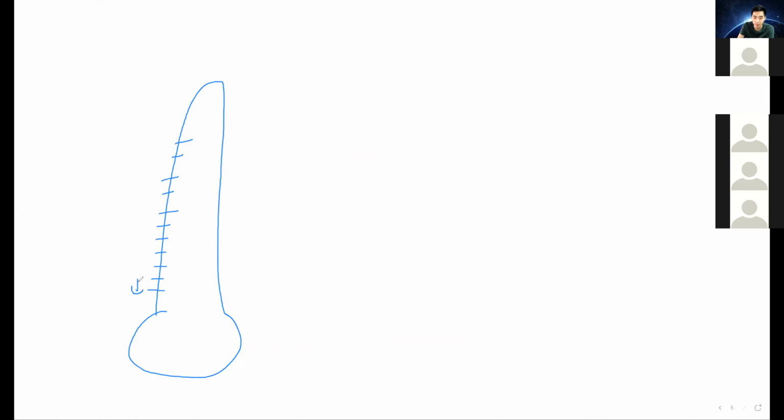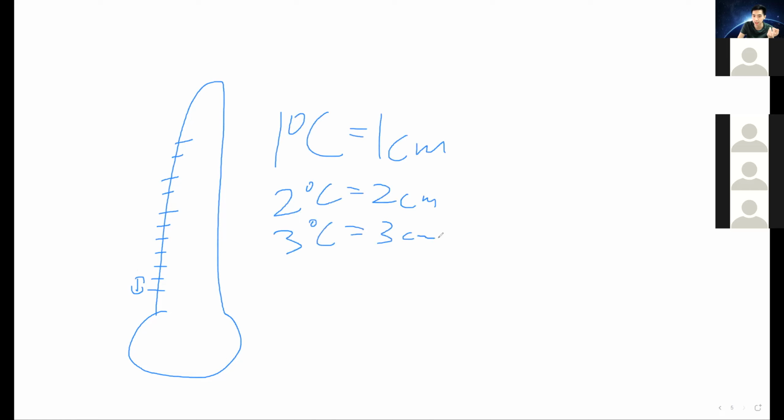The distance between each reading is going to be the same because we assume that these liquids have linear expansion to temperature. So 1 degree Celsius is going to expand by 1 cm, 2 degrees Celsius is going to expand by 2 cm, 3 degrees Celsius is going to be at 3 cm, and so on. And because of this assumption, we can use linear scales here, meaning they are all equally spaced.